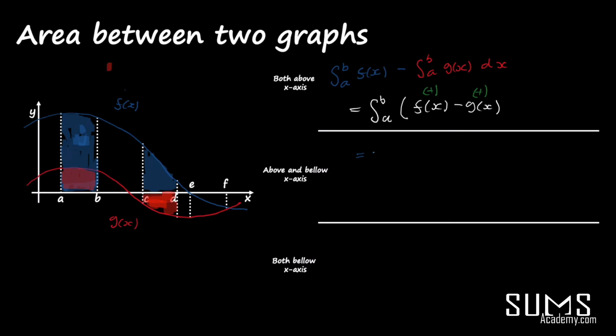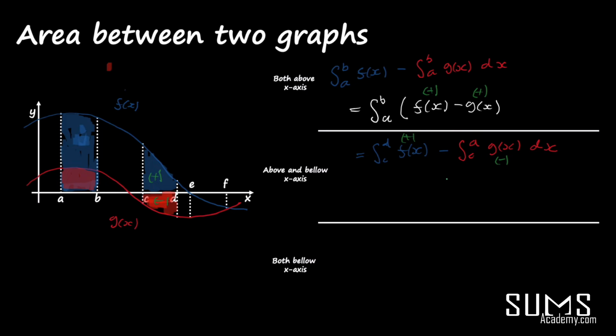So you're left with the integral between c and d of f of x minus, because it's always minus, the integral between c and d of g of x dx. Now the difference here is that this is still positive, above the x-axis, but this part is going to be negative, because when you calculate something below the x-axis, you get a negative value.